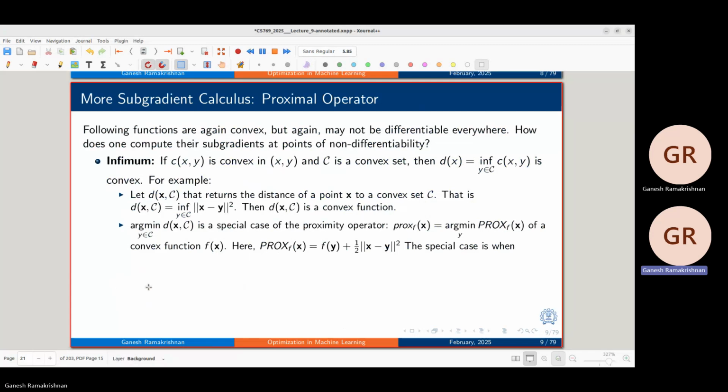So I'm finding a proximal projection into the gradient of f simple. This is a special case. I'm motivating using a one norm regularizer. What do you think is the special case here?